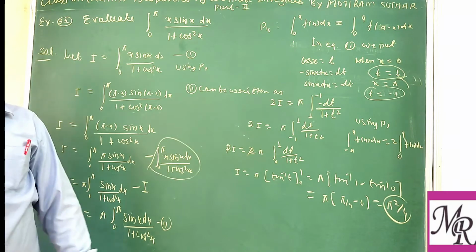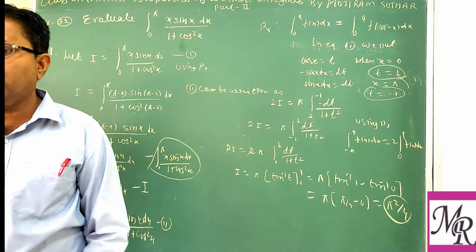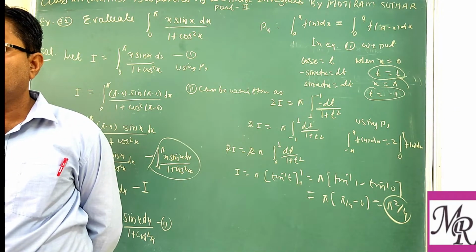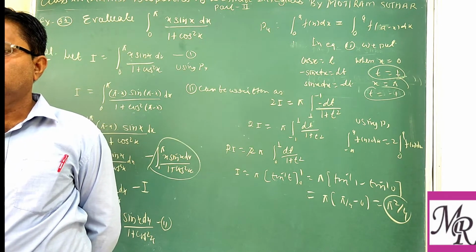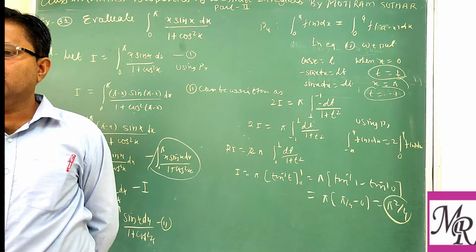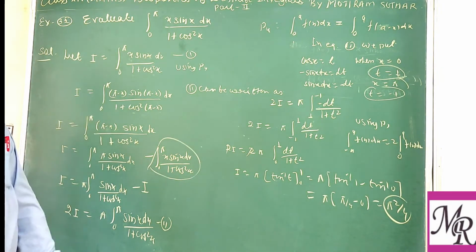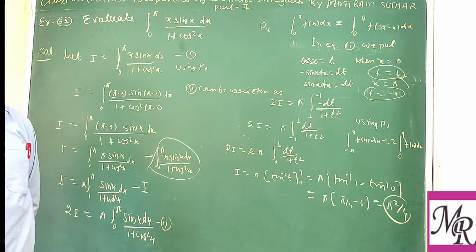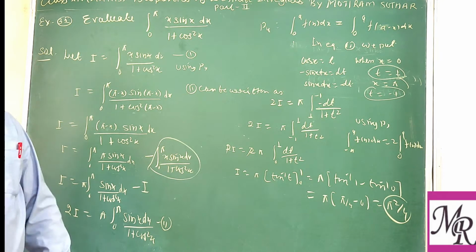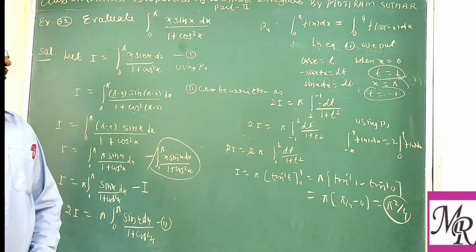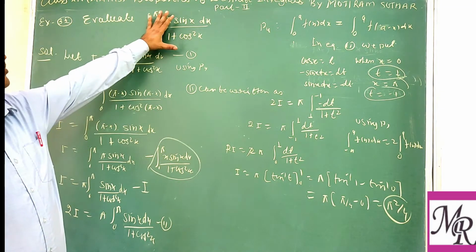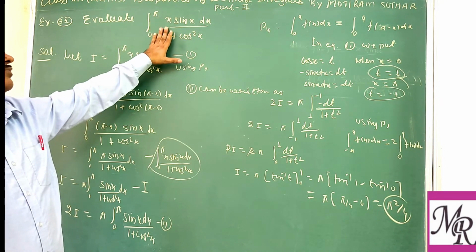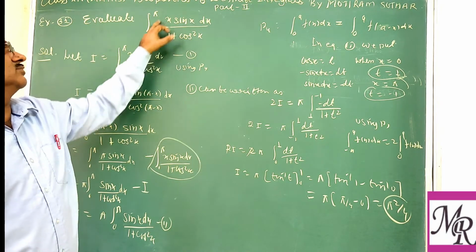So the value of the answer for this problem will be pi square by 4. In this way we solve it by using the simple property. If we don't know the property, then it is very difficult to integrate this one.